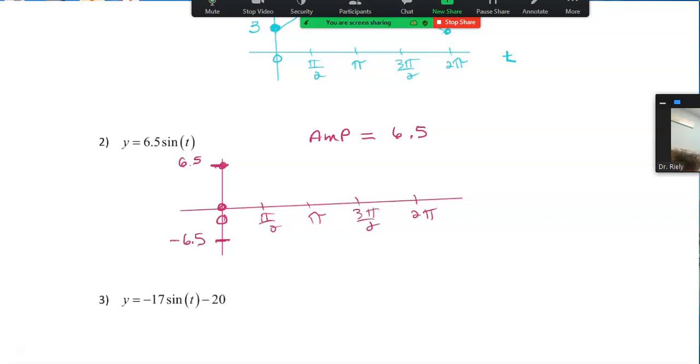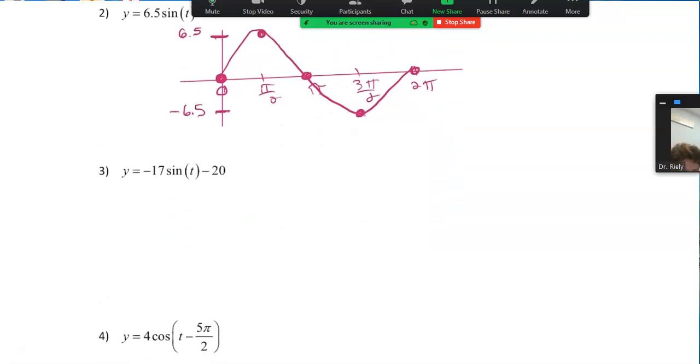The snake starts at the origin, or at the midline, I should say. Starts here. It arches its back up, comes back down to the midline, back to the minimum, and then back up to the midline. Connect those points. There you have it. Okay, again, don't do a freehand sketch, but instead connect the dots.